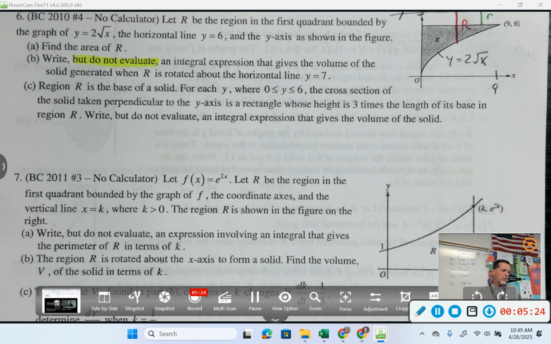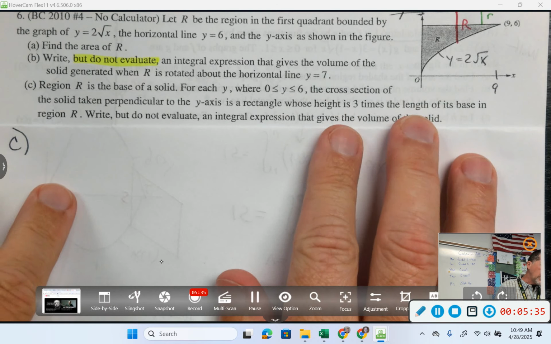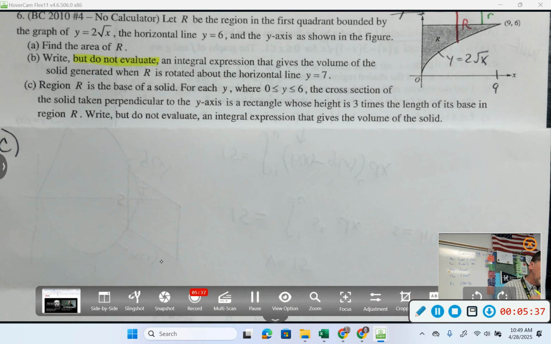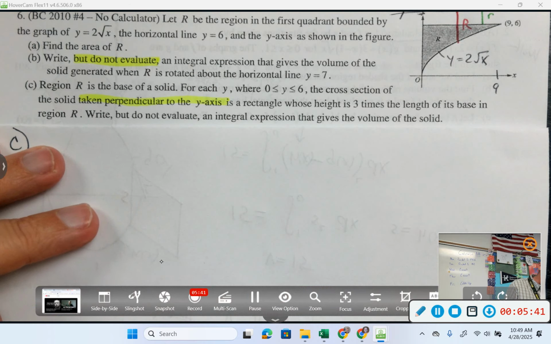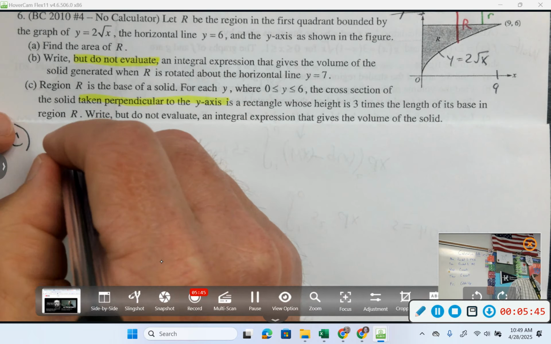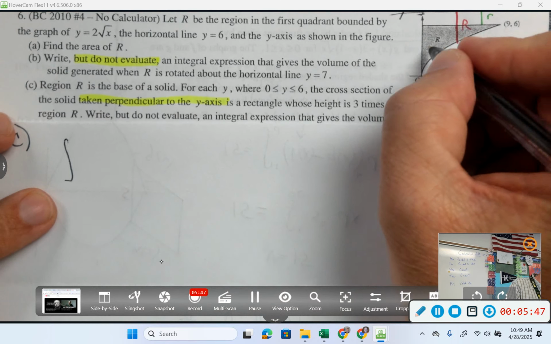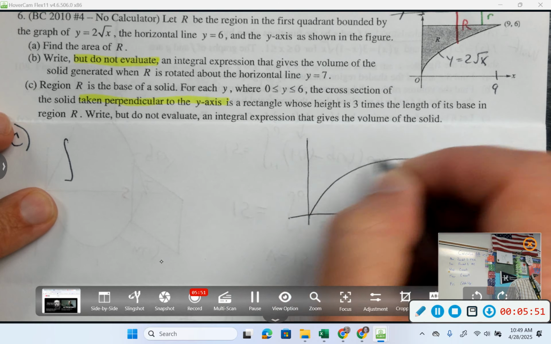Part C. Region R is the base of a solid. For each y from 0 to 6, the cross-section of the solid perpendicular to the y-axis. What's that going to mean in terms of my problem? Going perpendicular to the y-axis, that means it's going to be dy.